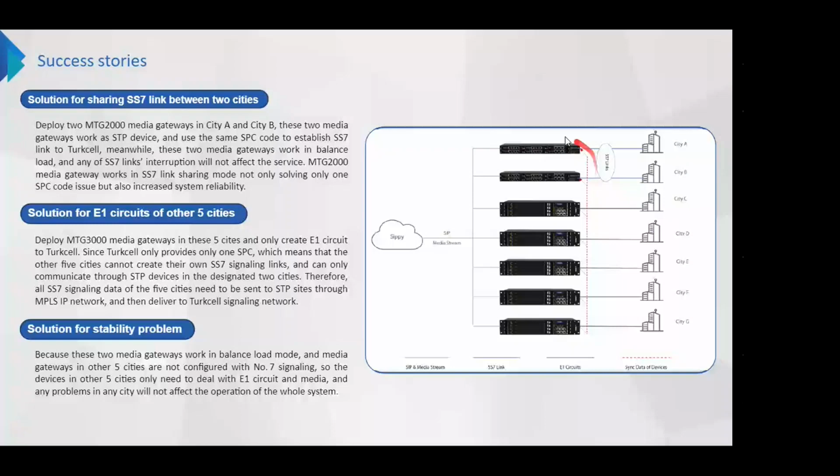On our side, if your customer wants to build E1 or T1 or PSTN core, we can set up the MTG media gateway in different cities. After that, they forward or combine together to the SIP network or other networks. Okay, so here we can see the different cities can make incoming calls and eventually go to the SIP. And the SS7 here has the backup and shares the same links.